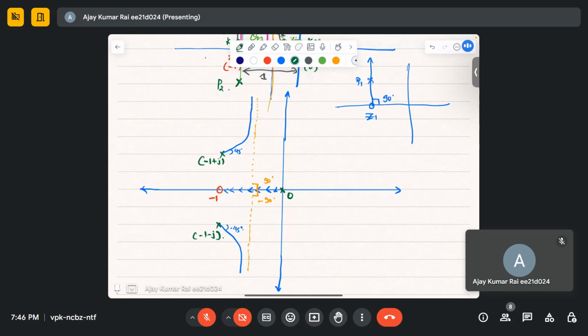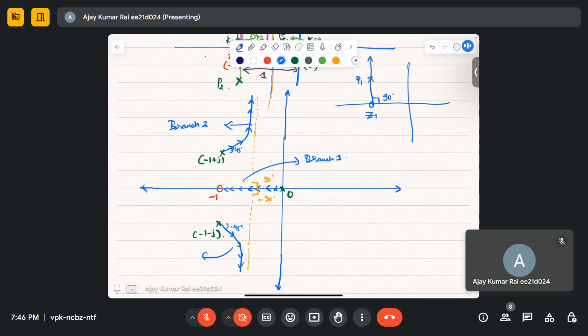So this is how the root locus will be looking like. So there will be 3 branches. So let me just point out, this is branch 1, this is branch 2, and this is branch 3.